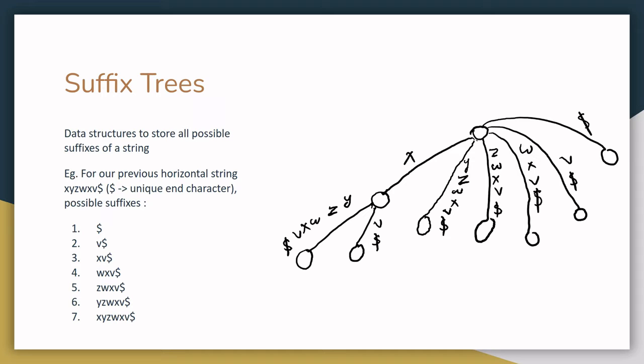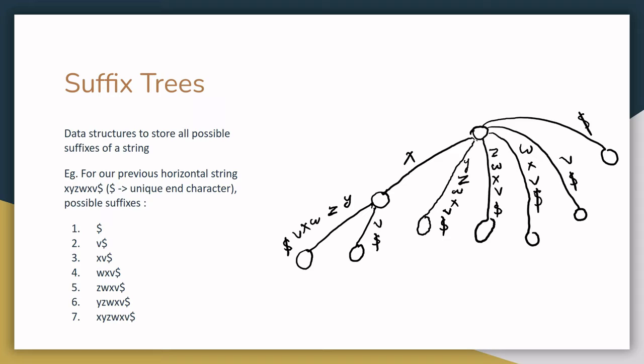Suffix trees are data structures to store all possible suffixes of a string. Let's take an example. For our previous horizontal string, x, y, z, w, x, v, dollar.